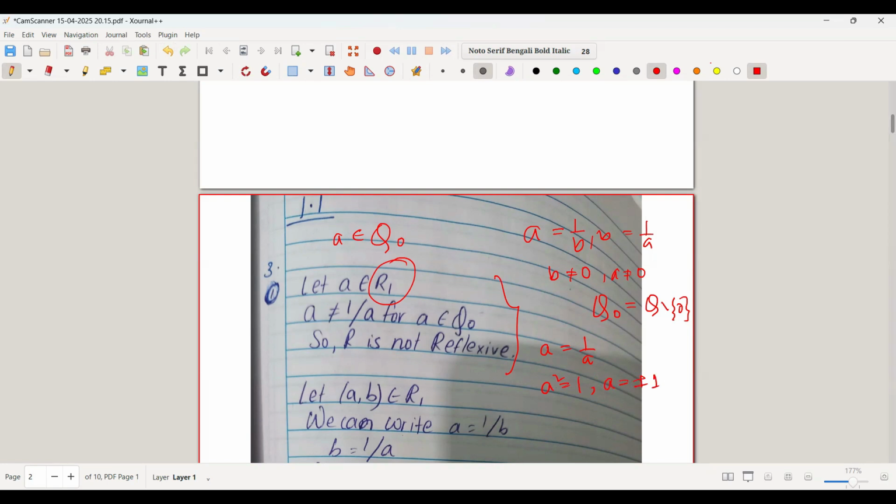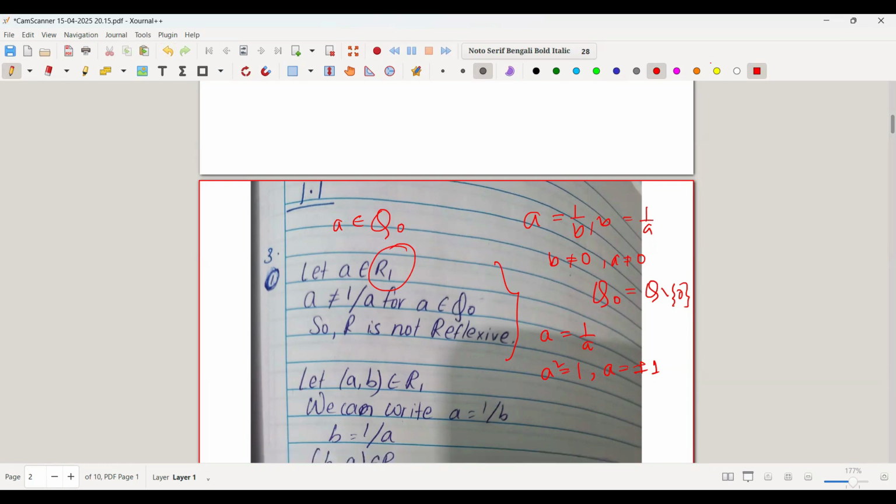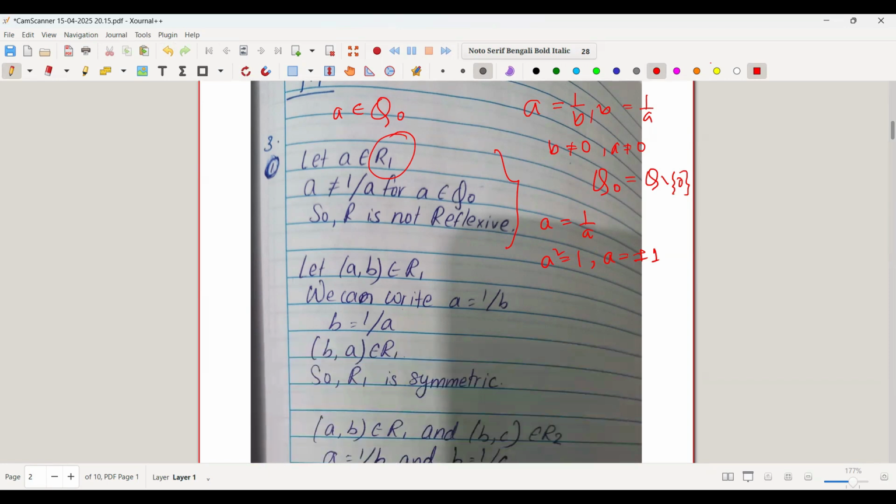That means not for all a belongs to Q0, (a, a) belongs to R1. That means it is not reflexive. So you have to give an example, like this: for a equals plus minus 1, (a, a) belongs to R1.